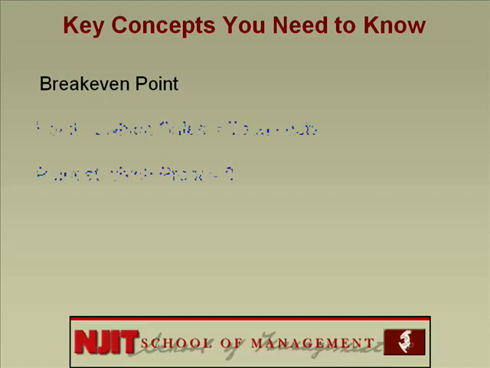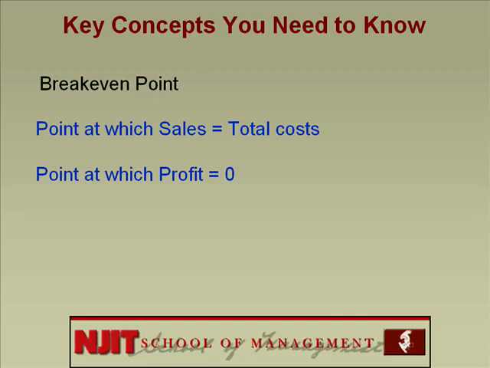Break-even point. Break-even point is defined as the point where sales revenue exactly equals total costs. So it's the point where profit equals 0. Let's see how this looks in a graphical form.